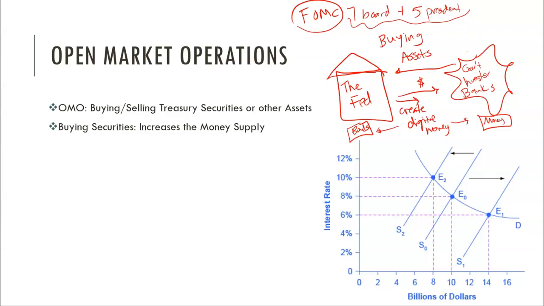Now down here we have a graph showing the money market. So on the bottom we've got quantity, so the quantity of money, and up here we've got interest rate. So what's going to happen with interest rates? Let's say we're going to start out at E0, and we've got an interest rate of 8%, and we've got $10 billion in the economy.